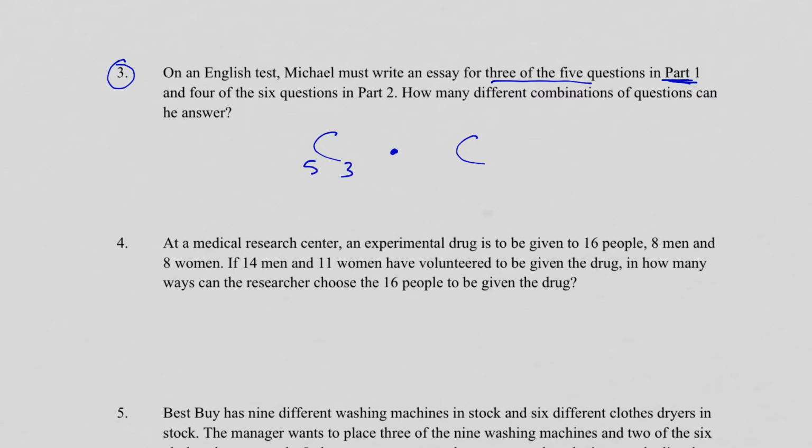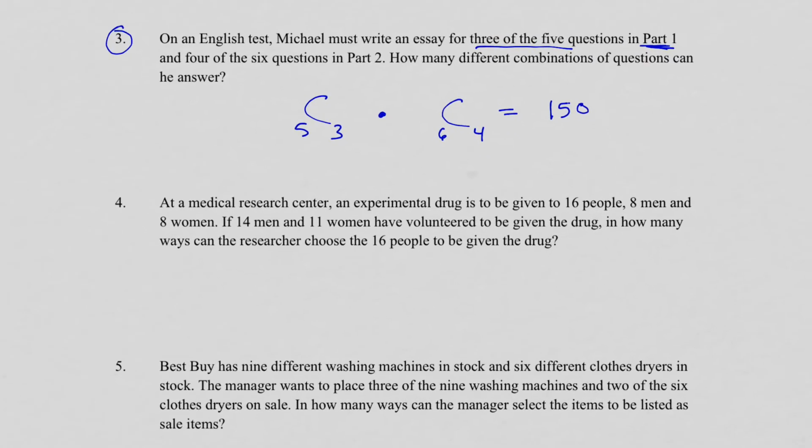Part 2, it's 4 out of 6. Okay, and again, you just type this in your calculator, and you're going to get 150. Okay?